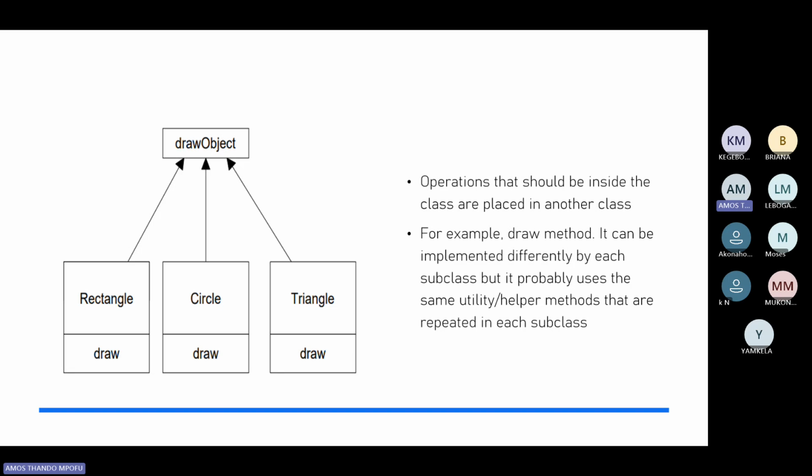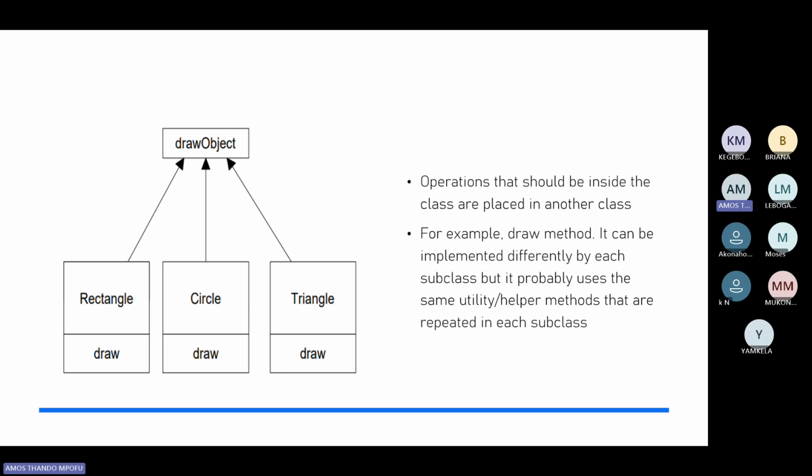If you call the same method, it does something different. For example, if you call a draw method and you pass in a rectangle, it draws a rectangle. But if you call a draw method and you pass in a circle, it draws a circle. But the function prototype, or the function syntax, is exactly the same throughout all the instances. I hope I'm making sense.